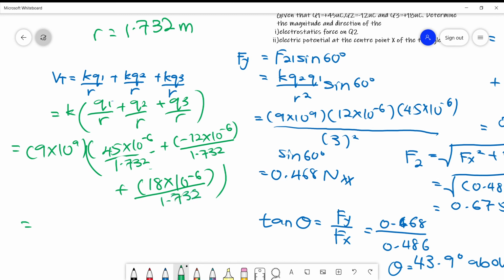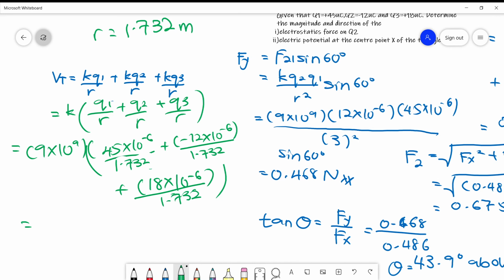So the final answer is, okay, let me just calculate it. 45 times 10 to the power negative 6 over 1.732, minus 12 times 10 to the power negative 6 over 1.732, plus 18 times 10 to the power negative 6 divided by 1.732.